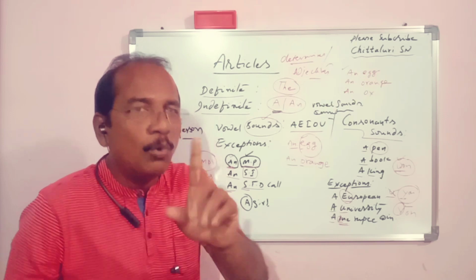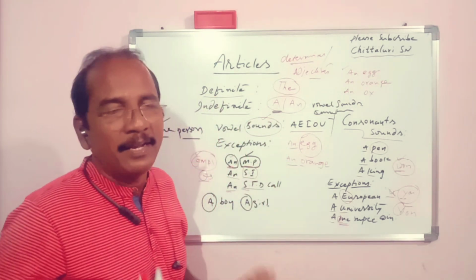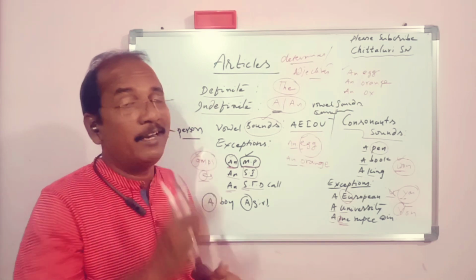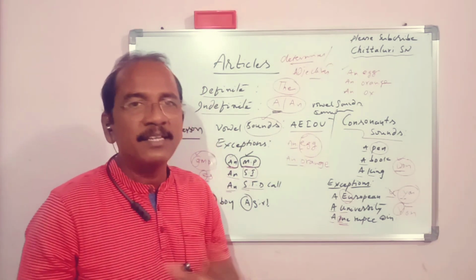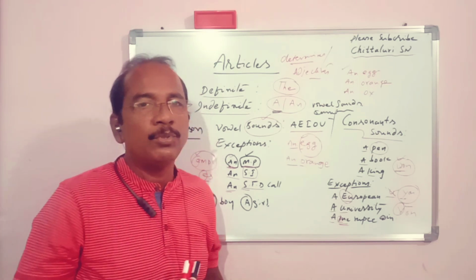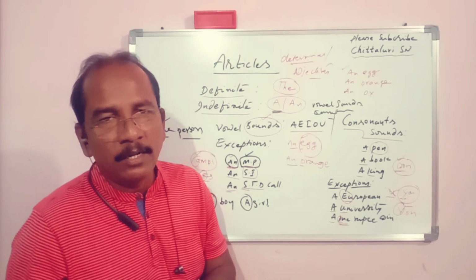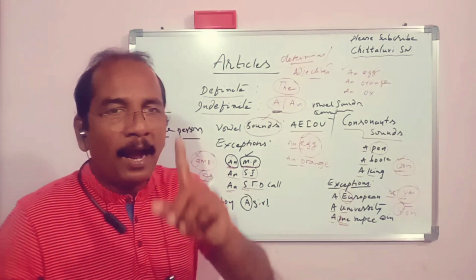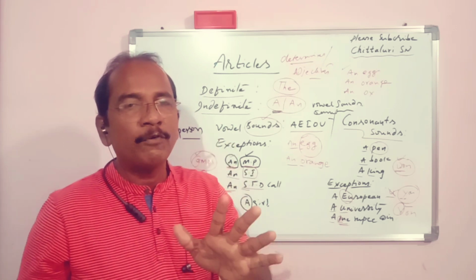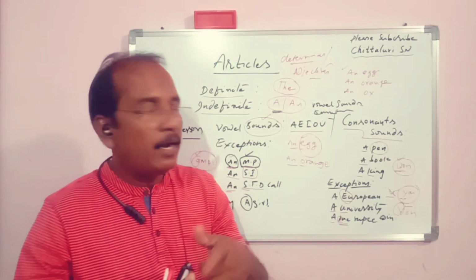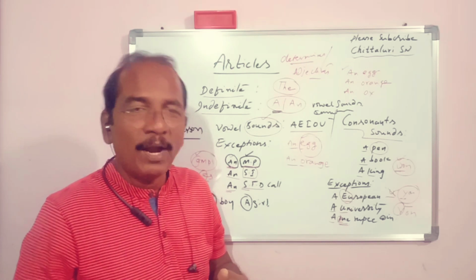So sound decides where you use an or A. You must be very clear in using this. If you keep this formula in mind, you can easily guess where to use a or an. I repeat, friends, an is used before vowel sounds, and A is used before consonant sounds.